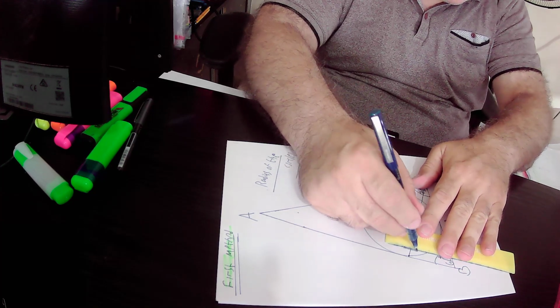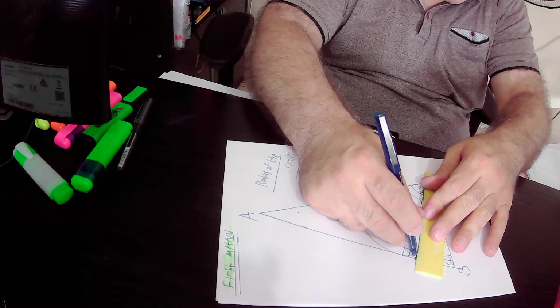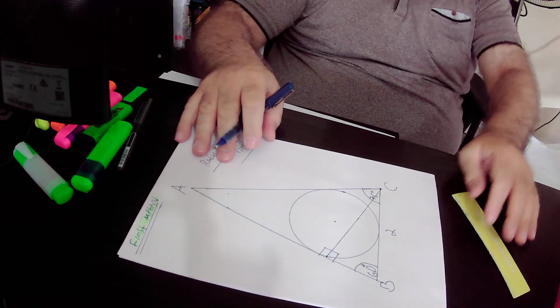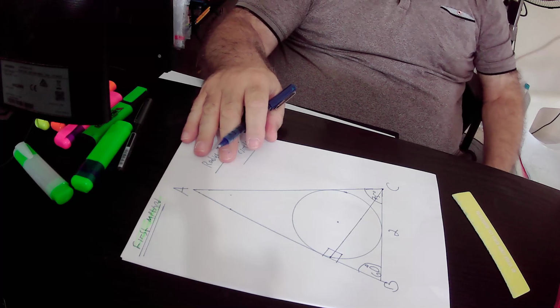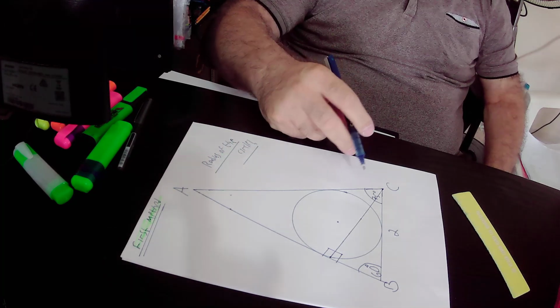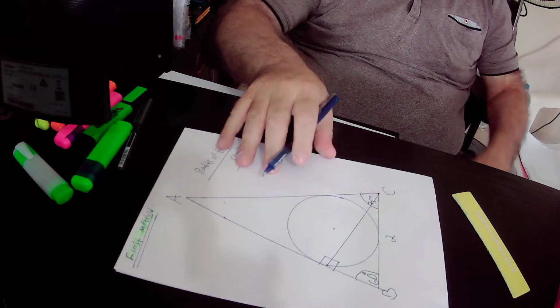So this angle equals 90 degrees, and this angle also equals 90 degrees according to our construction. We define the touching point of the perpendicular from point C and AB as D.